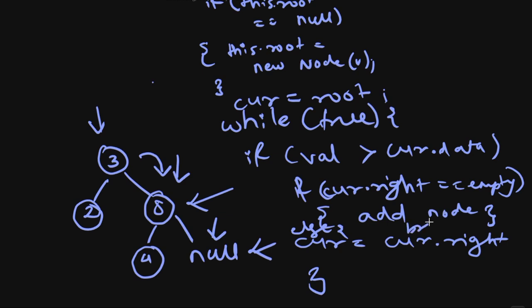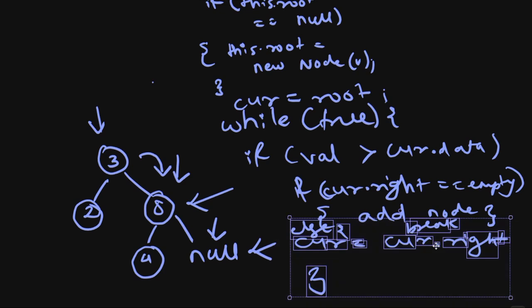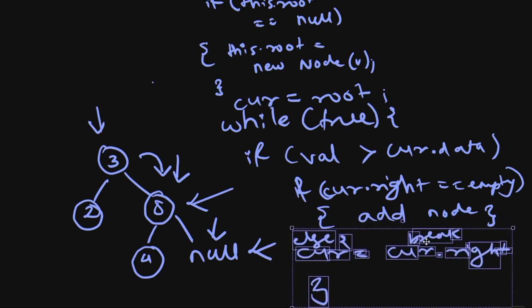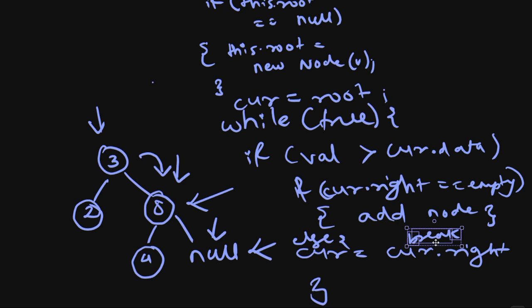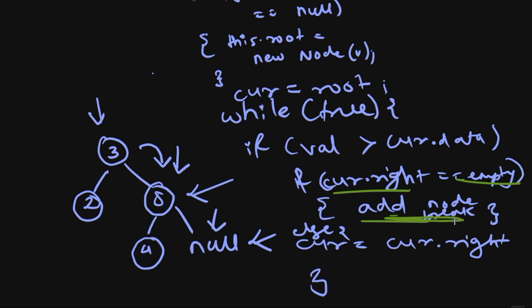If I add the node, I need to break out of the while loop, or I could directly return. Else, I need to move to the next current.